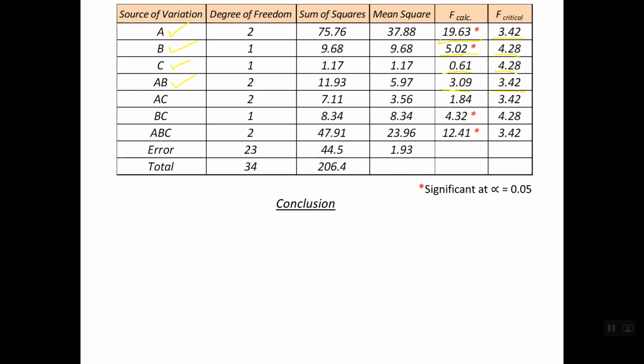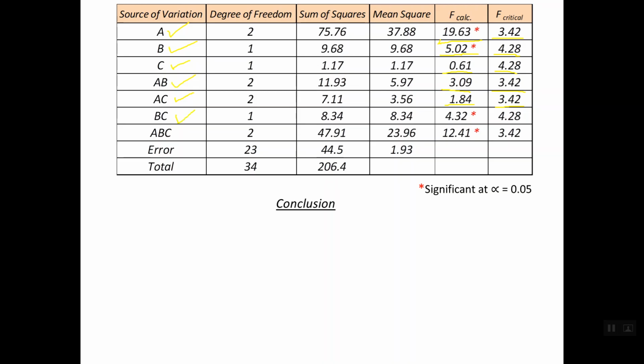And the null hypothesis for the interaction states that there is no interaction between the two factors, which are A and B. For the interaction between A and C, again, we don't have a significance. Simply the value of the calculated F is less than the critical one. So again, here we don't have an interaction between factor A and C.